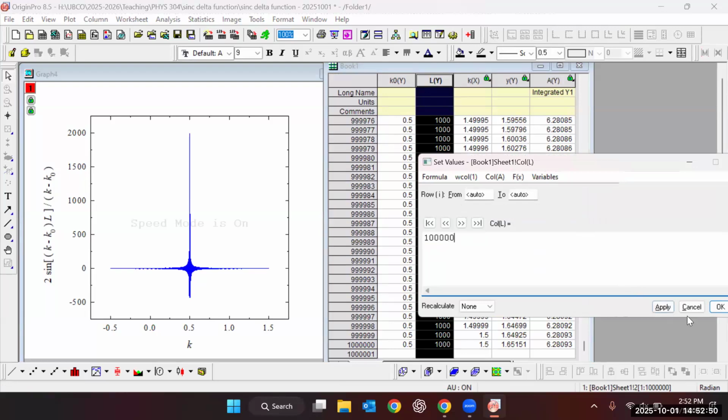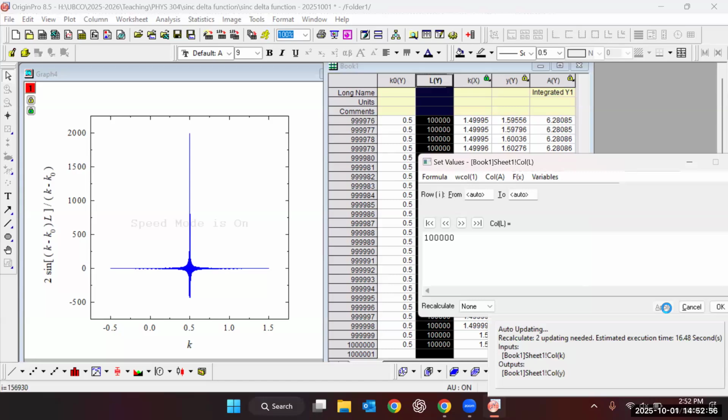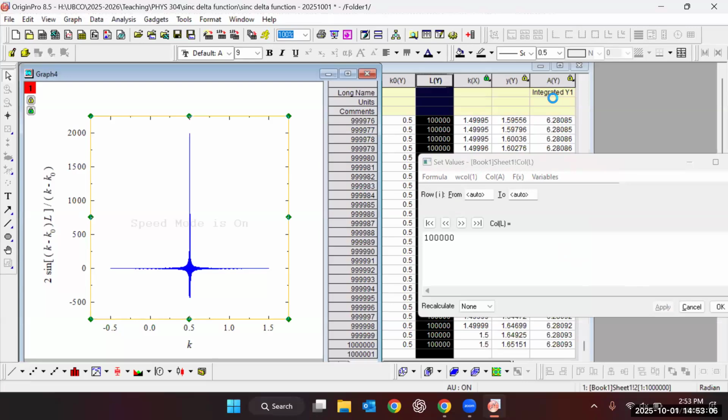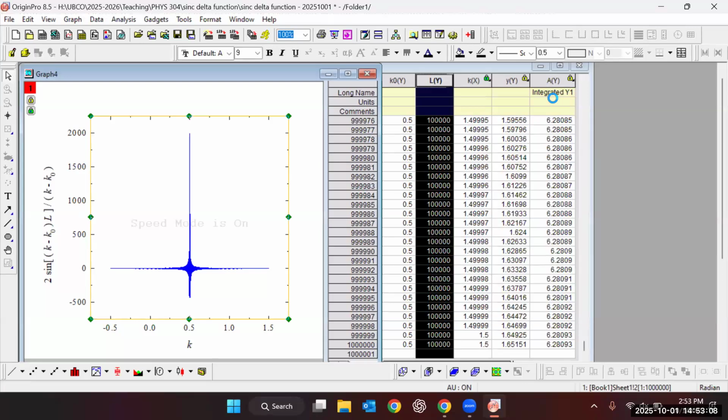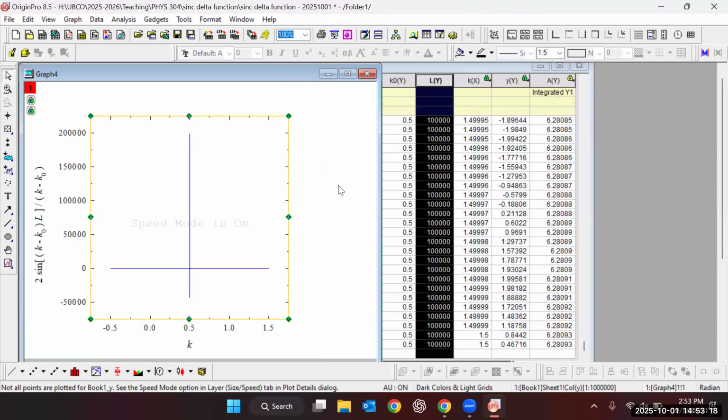I'll go to 100,000. So now we got a massive length. We'll let that update. And let's see what happens. And this will be the last one I do. So it still has to calculate the new y values. Hopefully it's thinking about it. There it goes. All right.